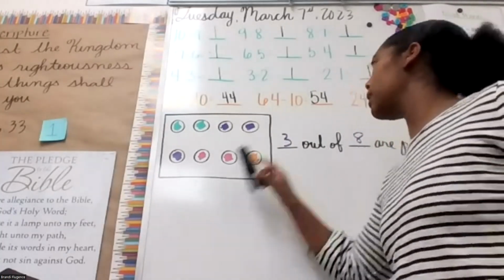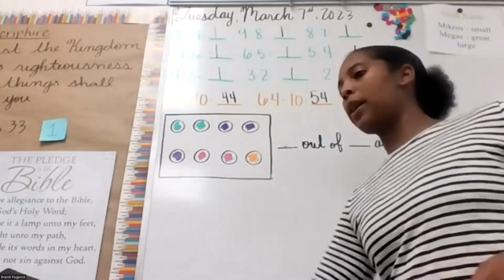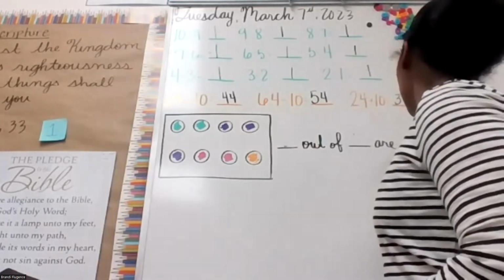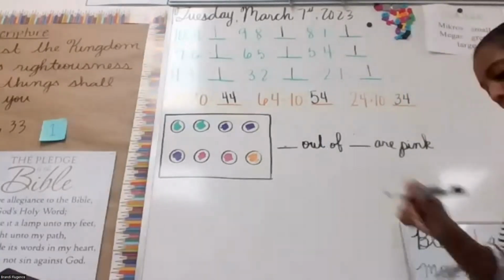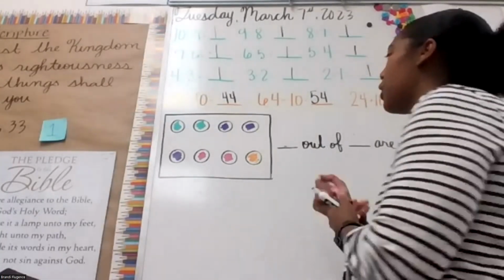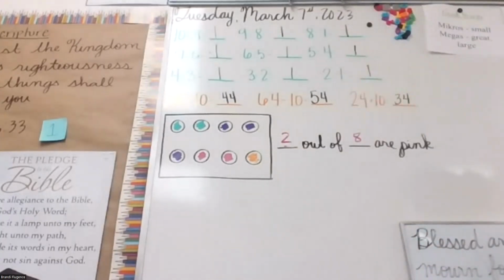That's the fraction for purple. Let's go to pink. How many are pink? 2. So it will be 2 out of 8 are pink. That's the fraction of pink.